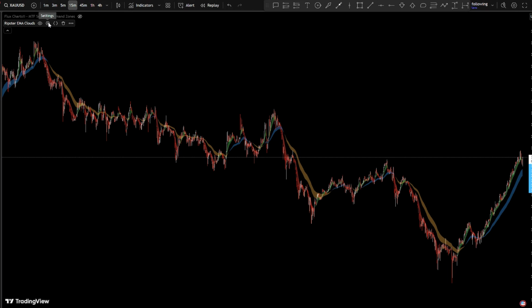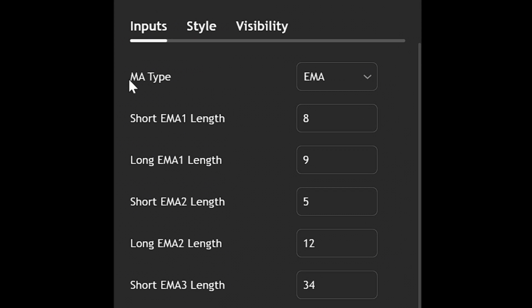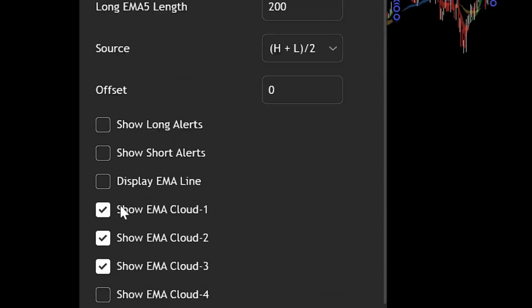It's awesome for seeing the long-term trend, but we gotta adjust it. In its settings, under the Inputs tab, first change the MA type to SMA. Then we only need EMA Cloud 5 enabled.